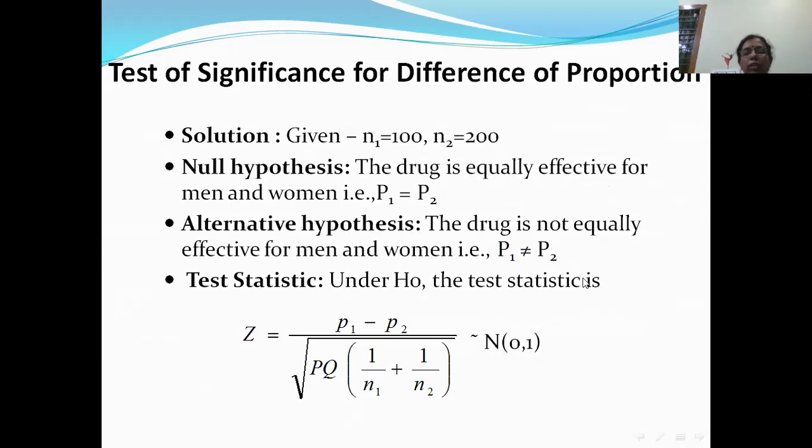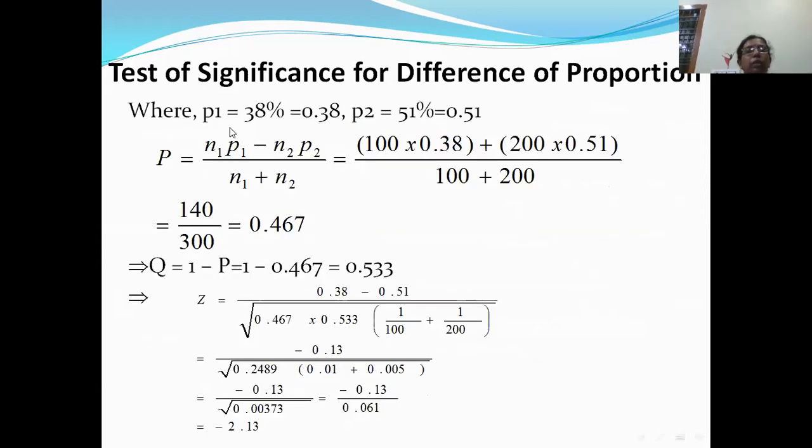So under H0, the test statistic is Z equal to (small p1 minus small p2) by root of PQ into (1 by N1 plus 1 by N2), which follows standard normal distribution with mean 0 and variance 1. So here small p1 is 38%, that is 0.38. Small p2 is 51%, 0.51.